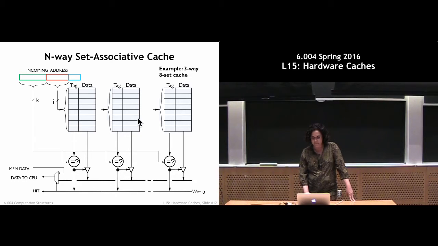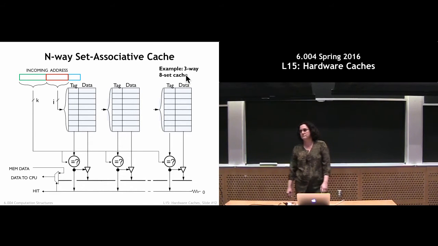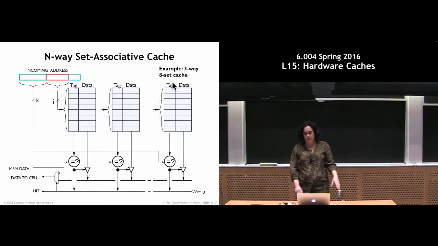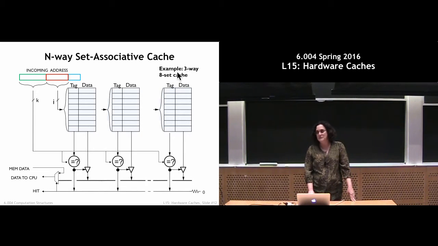Now, is it okay that in my example here, the ways is not a power of 2? It actually is, because this isn't actually making any use of a portion of my address. And so typically you don't see this. You will typically see like 2, 4, or 8, but there isn't anything that's actually keeping you from being able to support something that's not a power of 2 here.